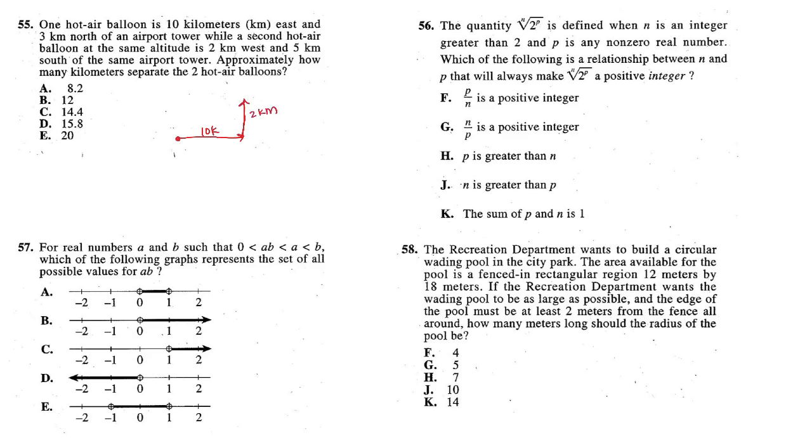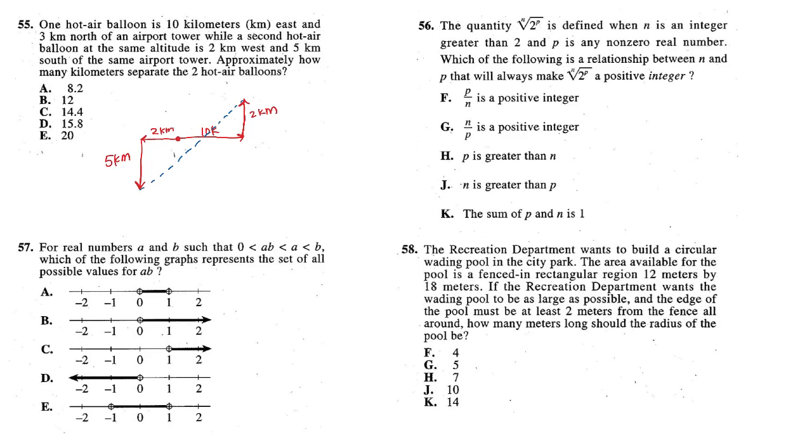Then from that same airport tower, we have another hot air balloon that is 2 kilometers west and 5 kilometers south. And they want to know the distance between these two hot air balloons.